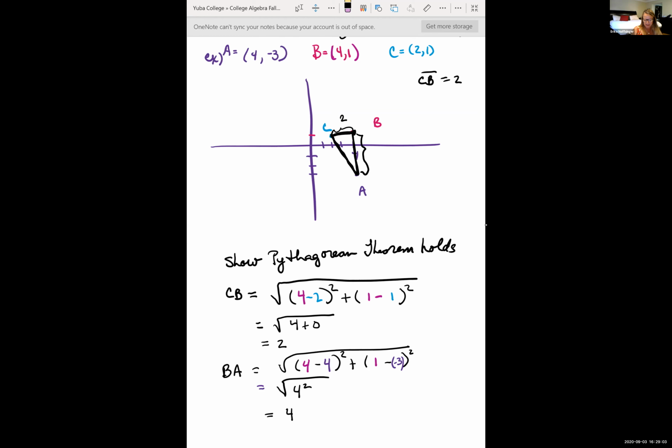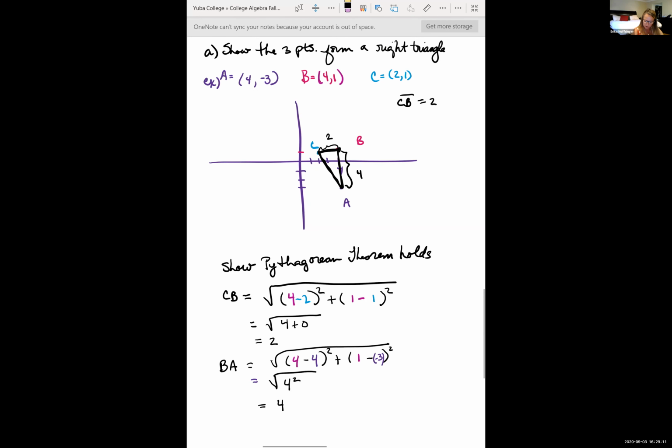I could see these are horizontal lines and vertical lines that I could actually count over and figure that out. But our formula also works.